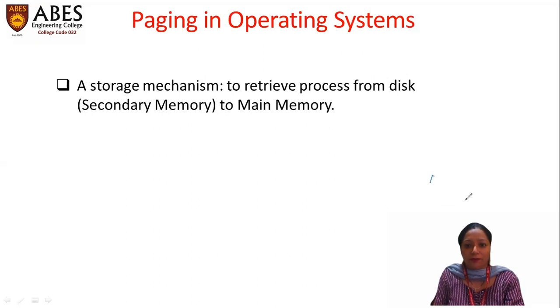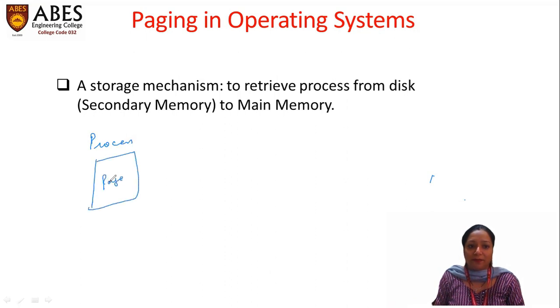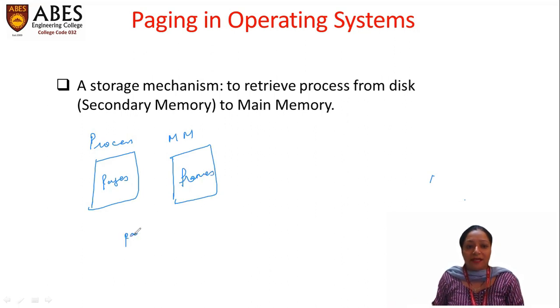We all know that our process is divided into equal sized pages and our main memory is divided into equal sized frames. And we also know that page size is equal to the frame size, right?